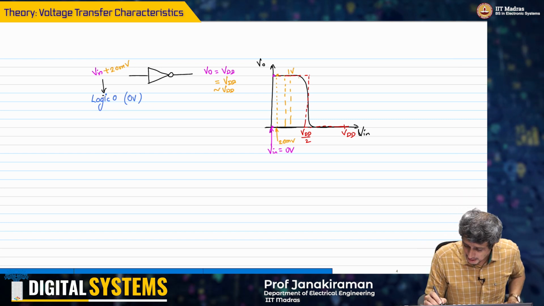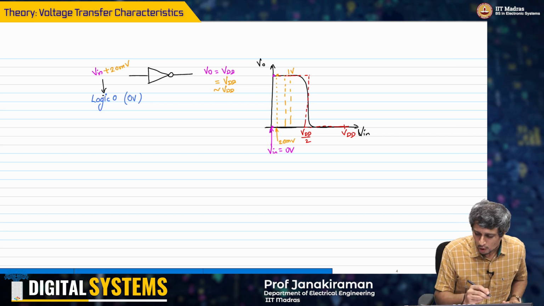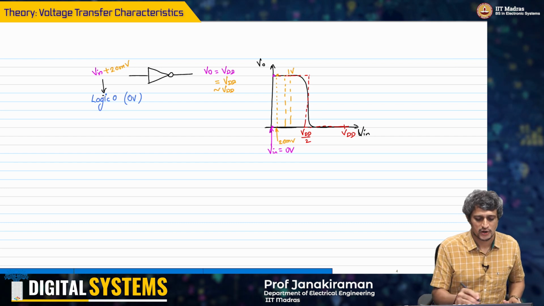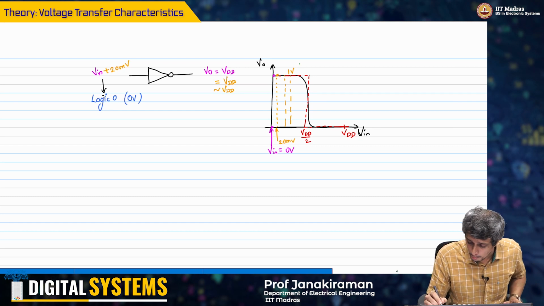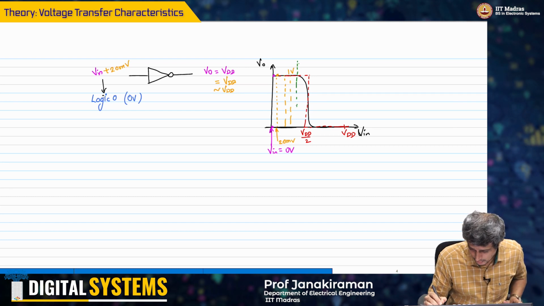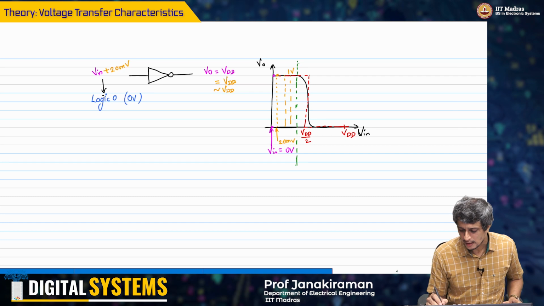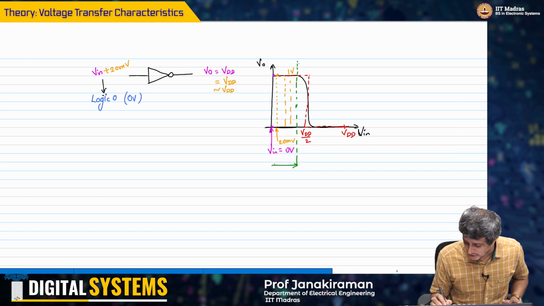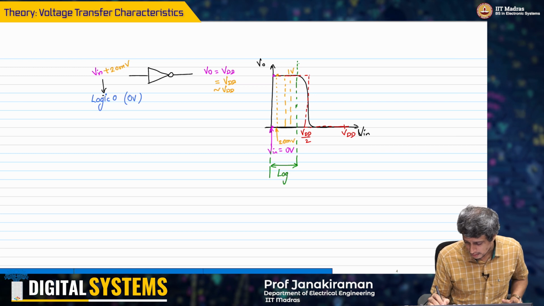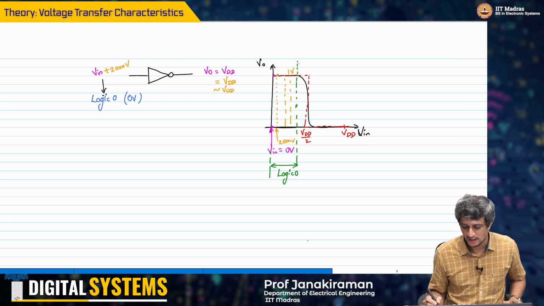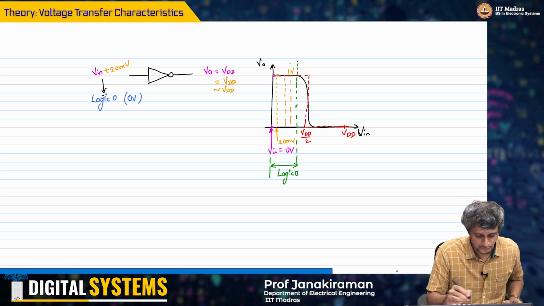So, the question now is, I want to find on this voltage transfer characteristic two boundaries. Okay, in green, anything below this from 0 volt is logic 0, input logic 0.